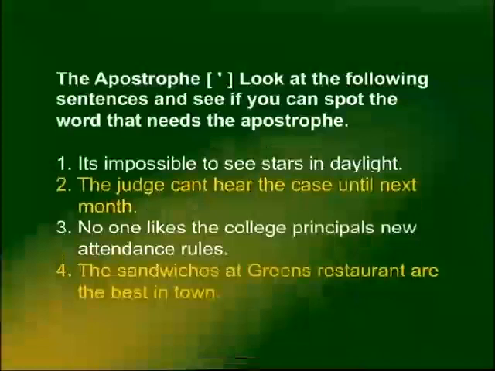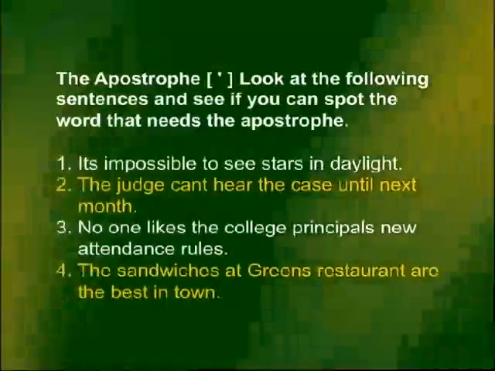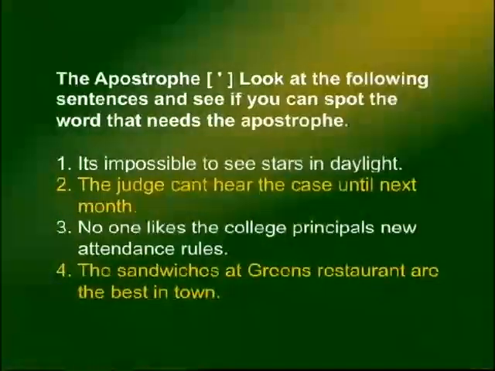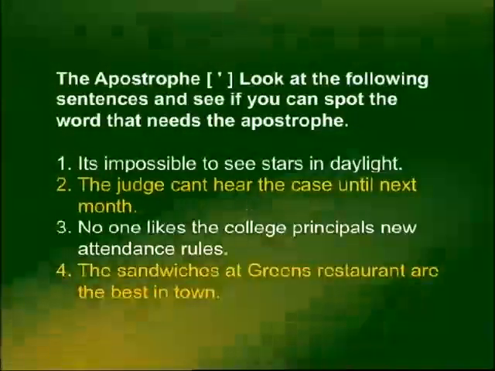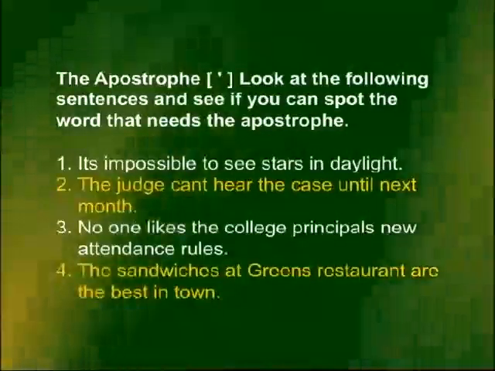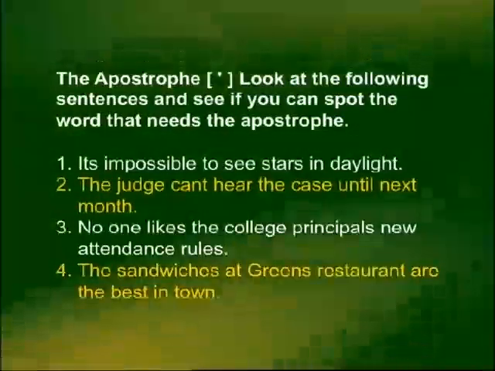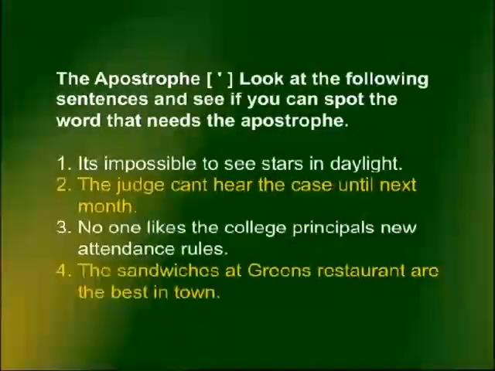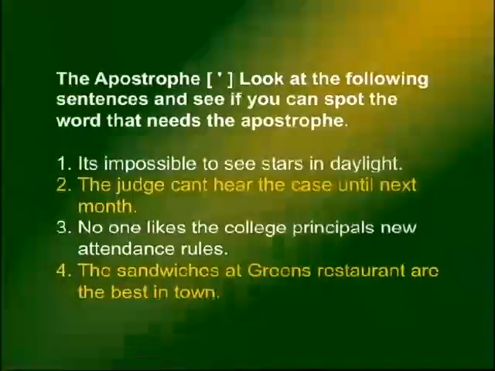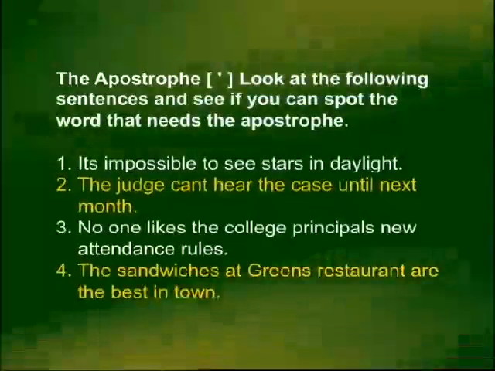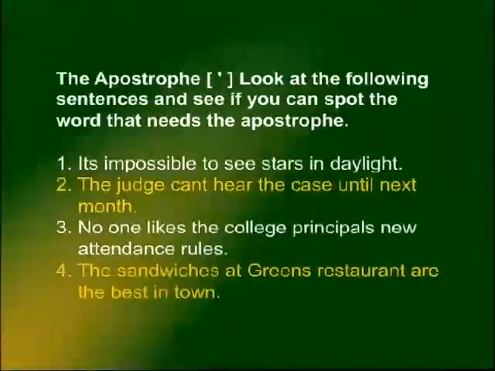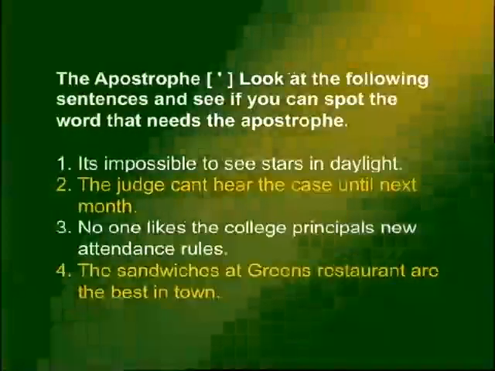Number 3, no one likes the college principal's new attendance rules. Now over there, the apostrophe S shows that the new rules belong to the principal. The apostrophe comes after the last letter of the word principal.